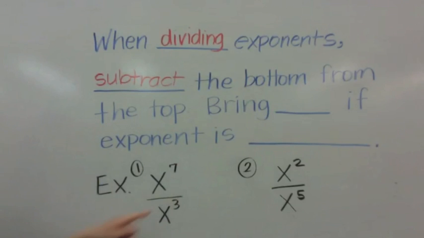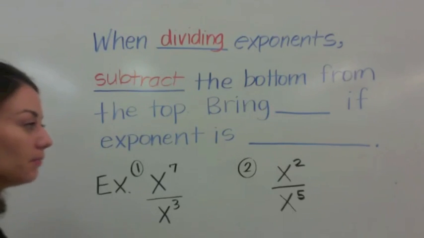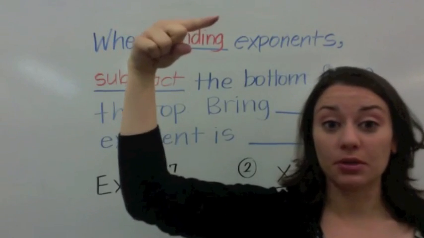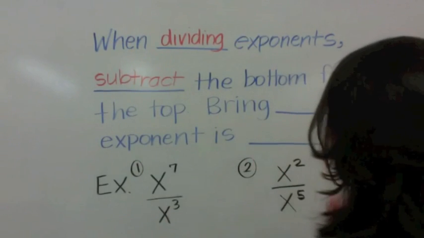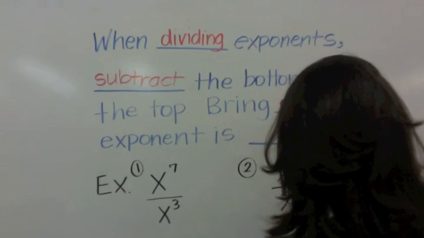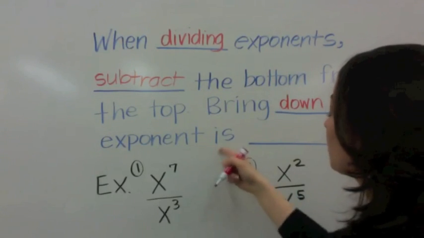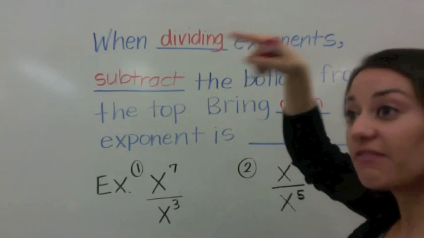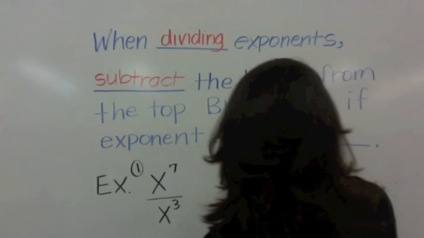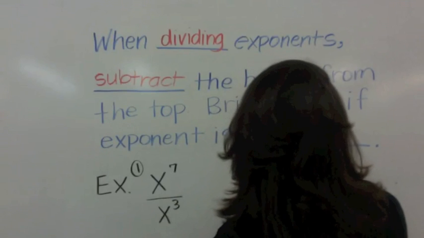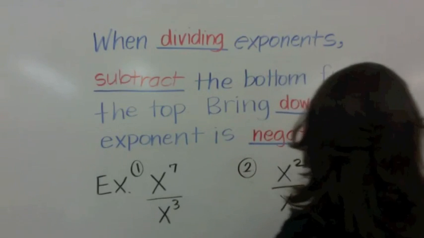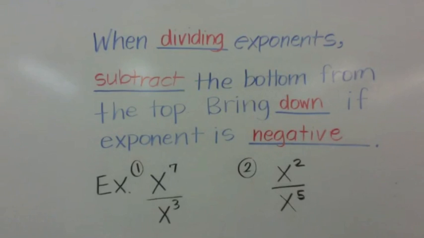And remember, if the exponent is negative and up, bring it down. When dividing exponents, subtract the bottom from the top, and bring down if the exponent is negative.